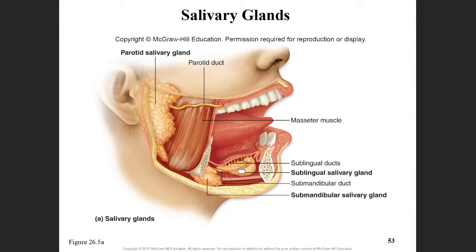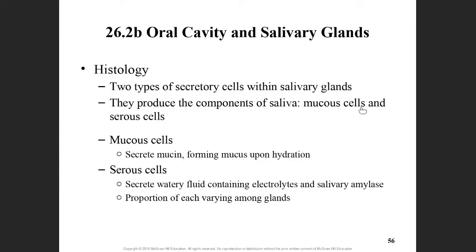We have a duct from this gland, which we call the sublingual duct, and it opens into the cavity of our mouth. About 3 to 5% of the saliva is made by the sublingual salivary gland. So these are the different salivary glands which we have in our oral cavity.